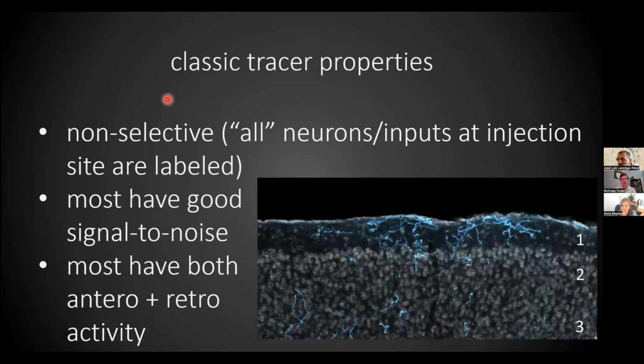This double co-injection technique that I've been showing you has used all classic tracers. These are the chemical tracers. And there are a few properties of these, one of which is that they are non-selective, which means that all neurons or inputs to the injection site are going to be labeled. And as a neuroanatomist, I love this because I want to see all of the brain-wide connectivity with the area that I have injected.